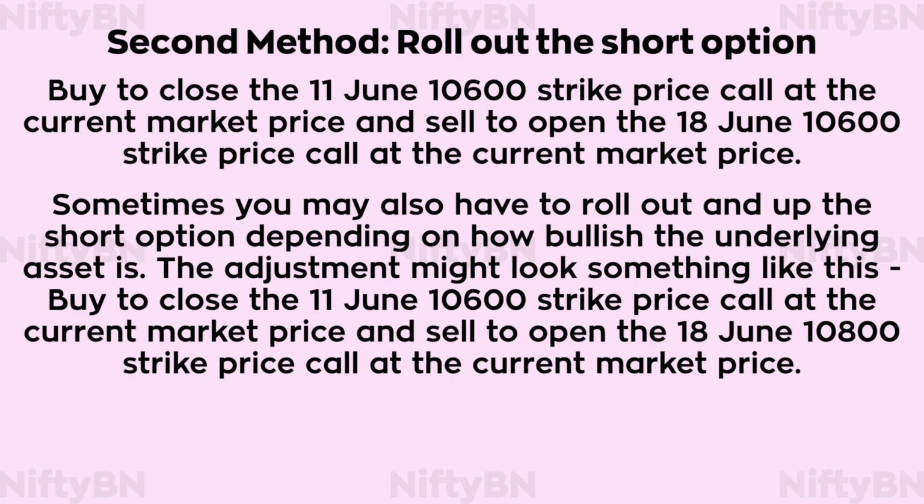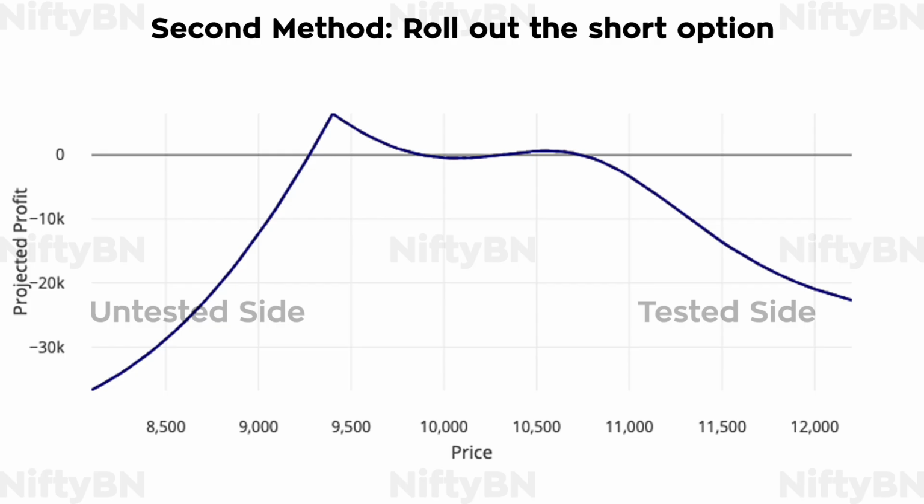Buy to close the 11th June 10,600 strike price call at the current market price and sell to open the 18th June 10,800 strike price call at the current market price. Now let's look at the risk graph post this adjustment. This adjustment would reduce the risk on the tested side without increasing the risk on the untested side. But the amount of profit that could be made would come down, as you might be taking a loss on the closed short position.